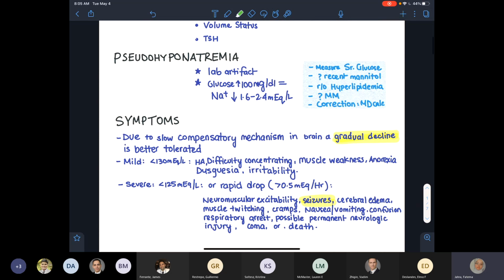For every 100 or so increase in glucose, you can subtract 1.6 points of sodium, but it's also a range, and the relationship is pretty much non-linear once you go up to 400 milligrams per deciliter of glucose. So if you're me, just use MedCalc and have it solve it for you.